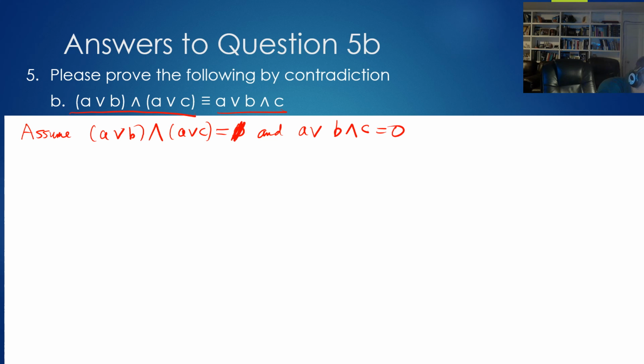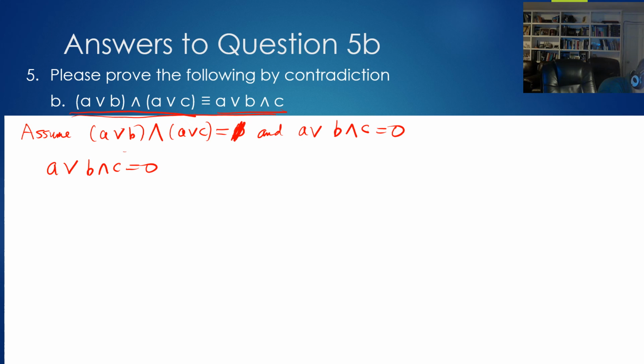So we assume that the left side is not the same as the right side, right? Because we know that's not possible, but we have to prove it. So we assume that the left side is 1 and the right side is 0, and hopefully we get a contradiction. Okay. Now, because of the assumption, you got A or B and C equals 0.